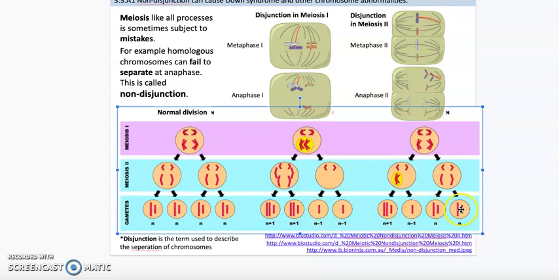Over here, it's actually kind of interesting. If non-disjunction happens in anaphase 2 of meiosis 2, we can still have this cell produce 2 viable gametes with a normal 1n or just n chromosome number. In the end, these 2 gametes are healthy, but these 2 are not, because this one has 1 less chromosome than what it's supposed to have.